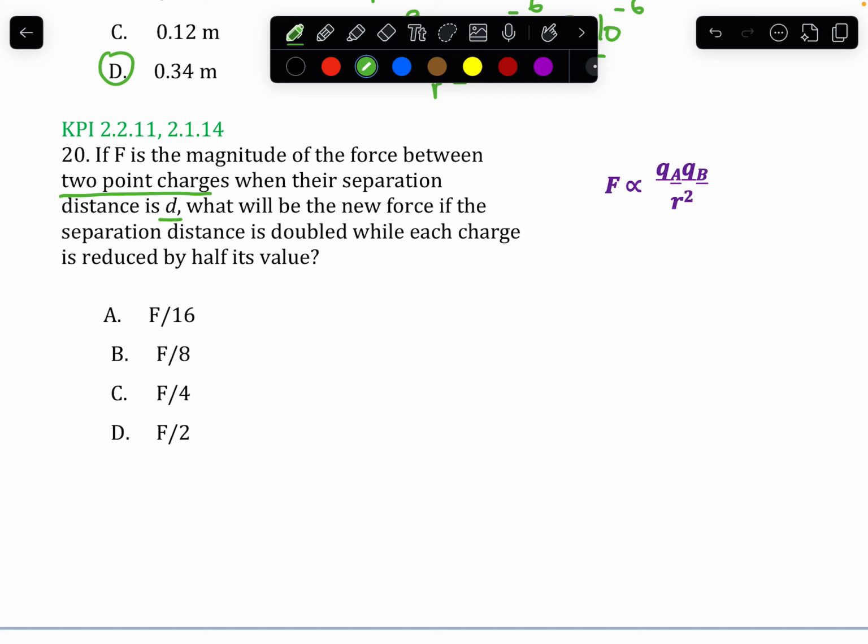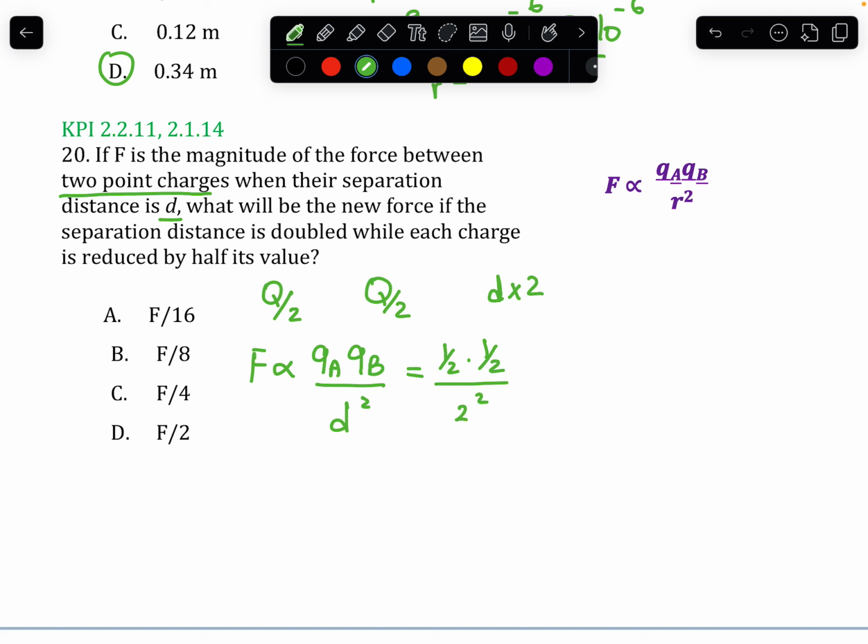So each Q is halved, Q over 2, Q over 2, and the distance is doubled. Remembering that F is proportional to the first Q times the second Q divided by the distance squared, in the calculator I will put the first one halved, the second one halved, and down I will put 2 squared.